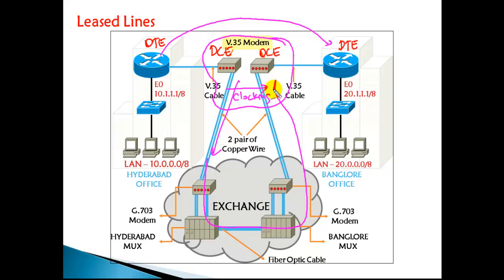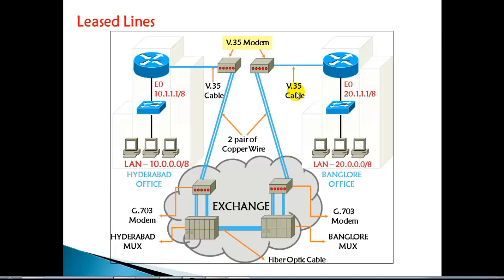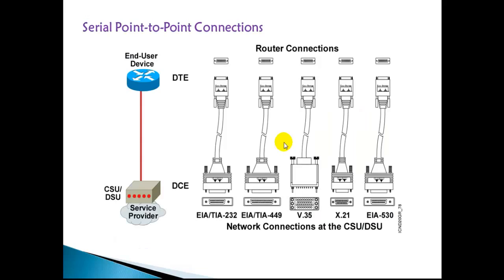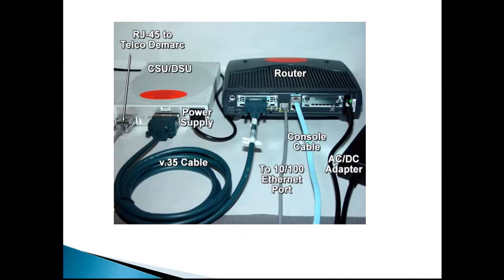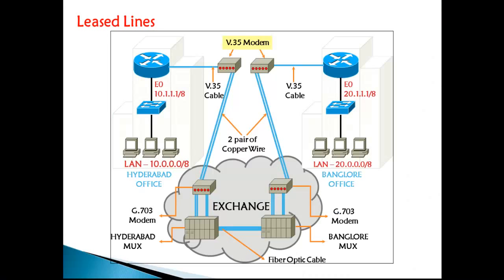So here also we've got some DTE DCE devices. Typically these are the terminologies which we use for identifying the different kinds of devices. So this is how the real WAN connection you will have in general in production networks.